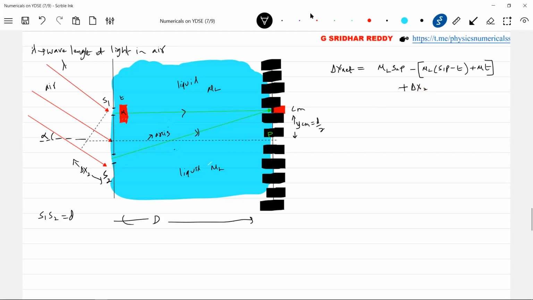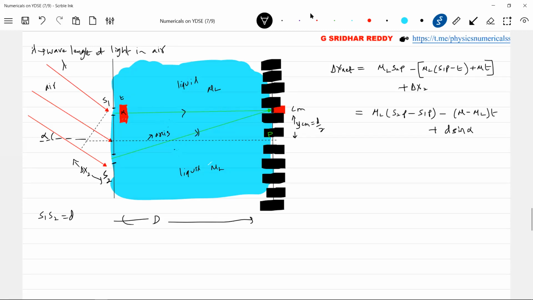So now this should be equal to, one more step, mu L (S2P minus S1P) minus mu L T plus small d sine alpha. I think I'm right, small d sine alpha.